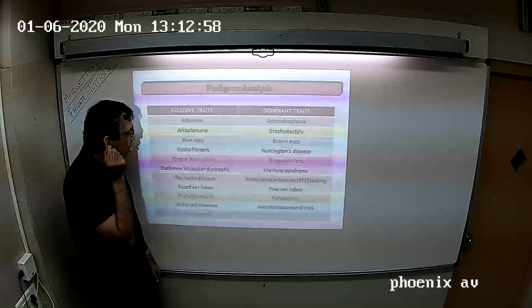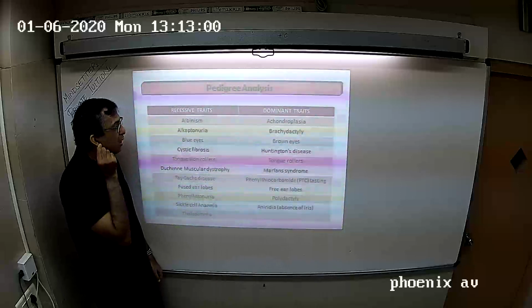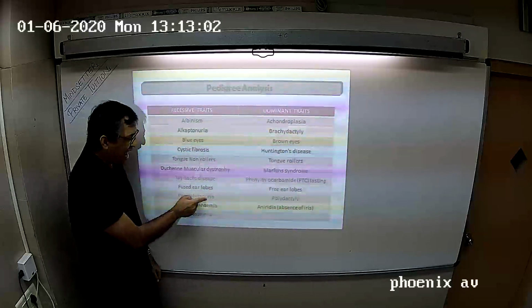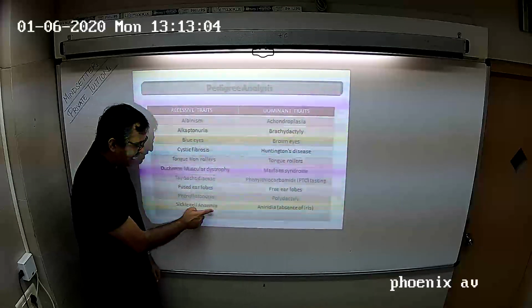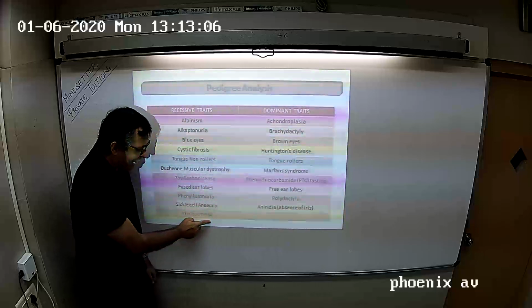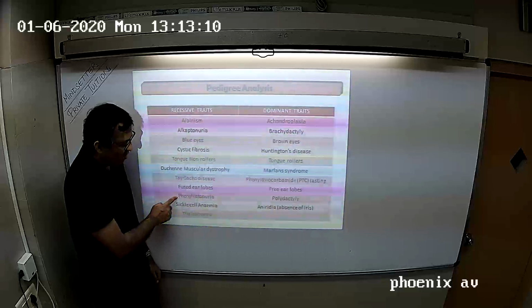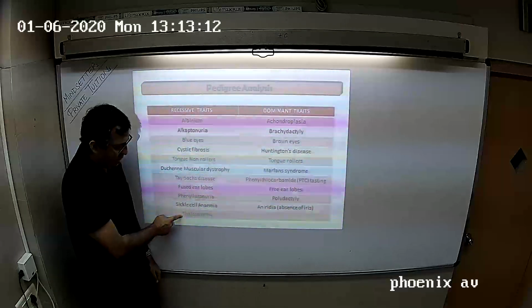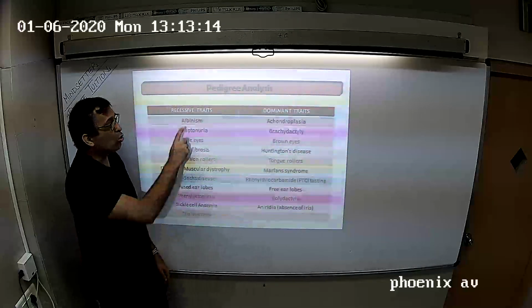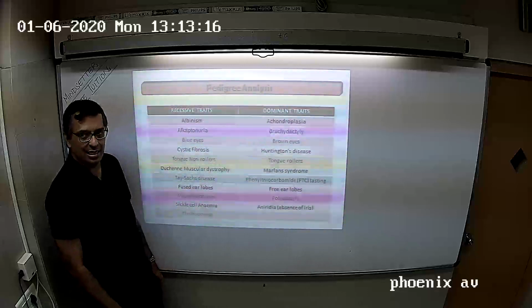Fused earlobe. The earlobe becomes fused. So fused earlobe, phenylketonuria, and sickle-cell anemia and thalassemia. We have already talked about all these three diseases. Phenylketonuria, sickle-cell anemia, thalassemia are autosomal recessive traits.